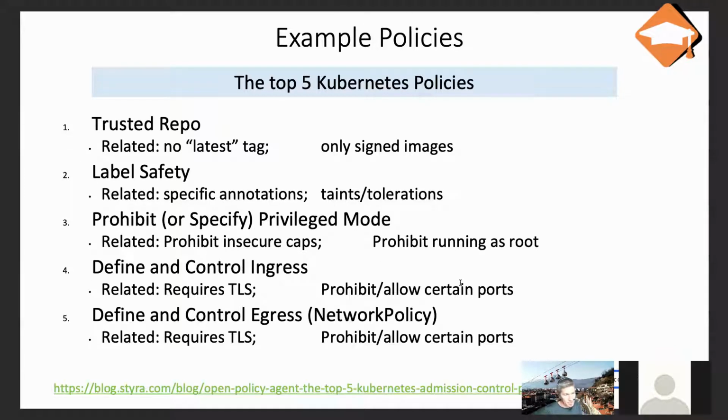And yeah, this is just more examples of Kubernetes policies. There was a blog post from Styra about the most common, most popular cases. So a common one is basically around your images. Either specifically, are you using a trusted repository?